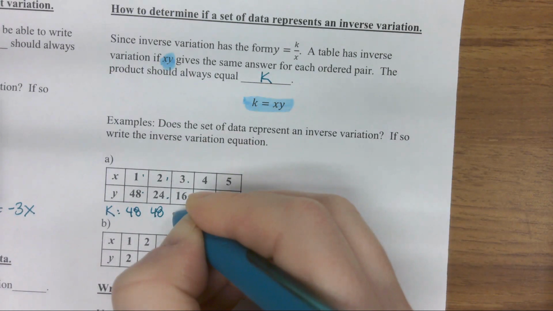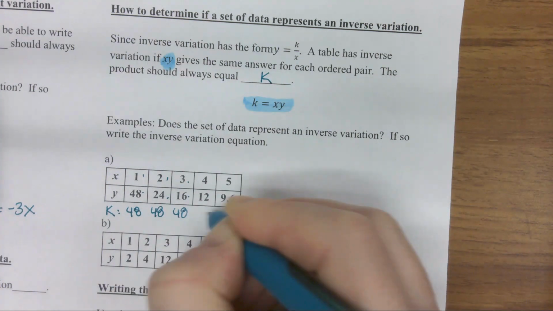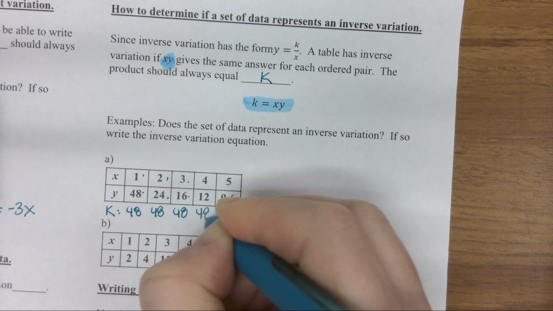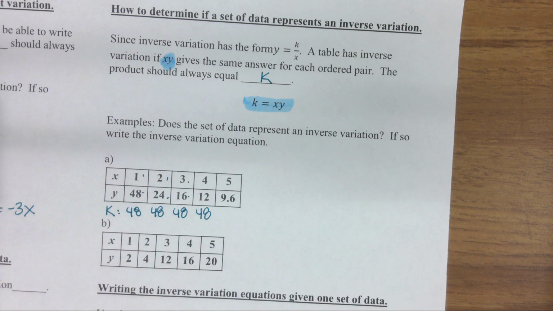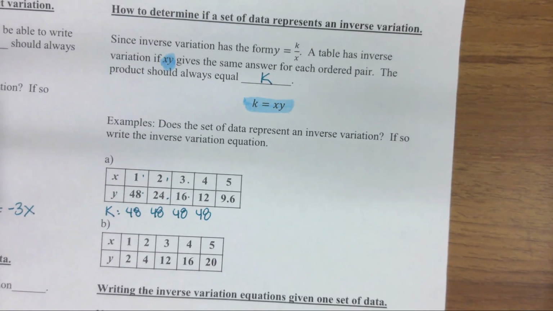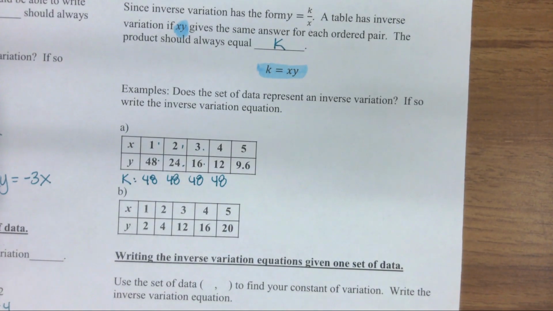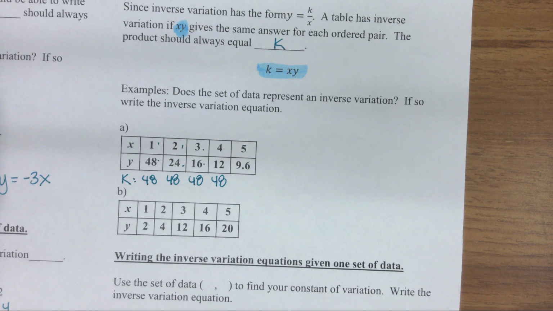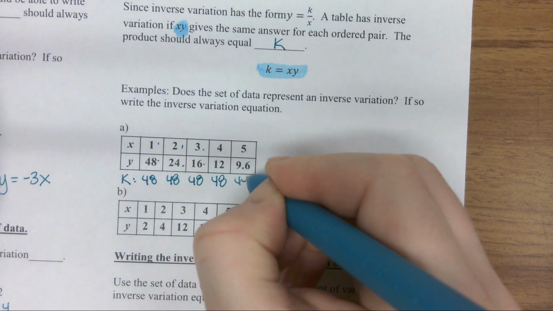Is it 48 or not? Yes. Okay. 4 times 12. Okay, you're probably going to do that one on your calculator. 5 times 9.6. Yay. All right, now we found K.